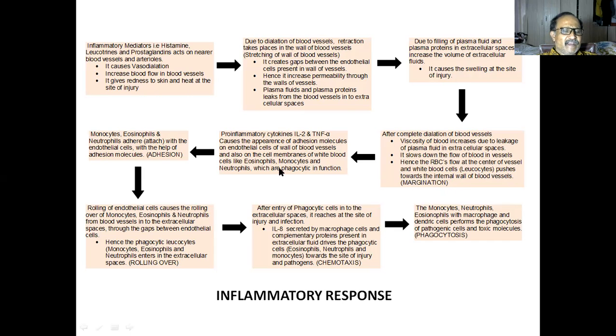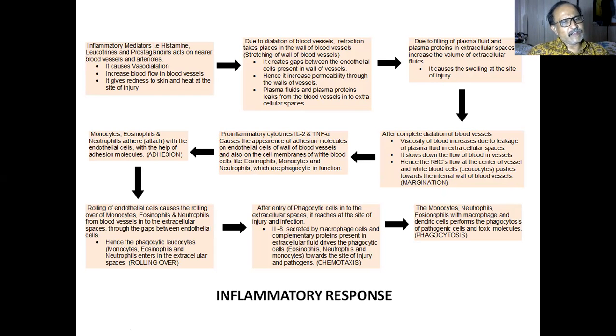Okay, then next, these inflammatory cytokines IL-2 and TNF-alpha cause the appearance of adhesion molecules on the endothelial cells of the wall of blood vessels, and on the cell membranes of white blood cells like eosinophils, monocytes, and neutrophils. See here what happens.